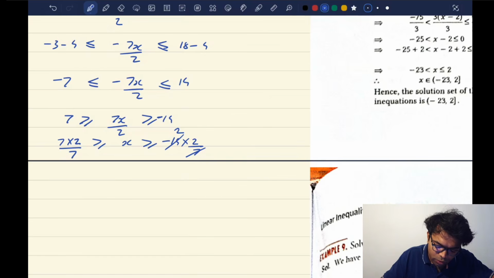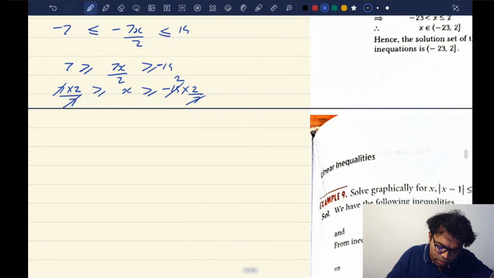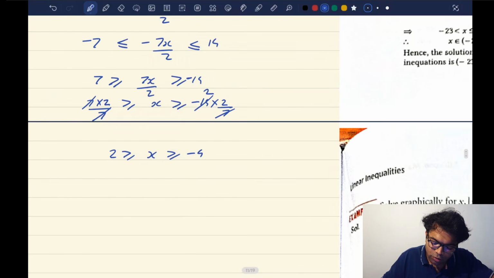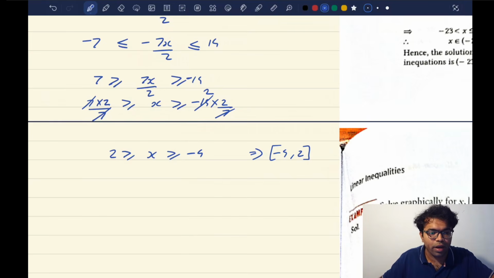This will give you 2 is greater than or equal to x is greater than or equal to minus 4. So this is the final answer. Your solution will be the closed interval minus 4 to 2. Clear?